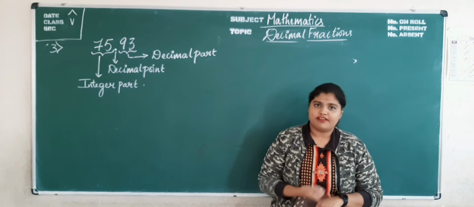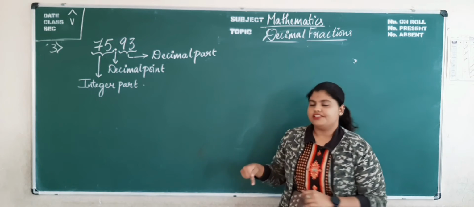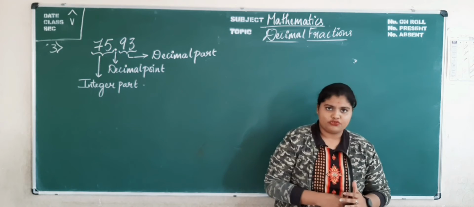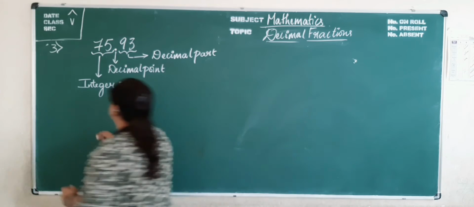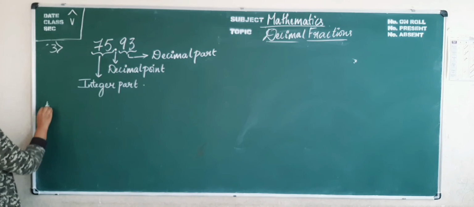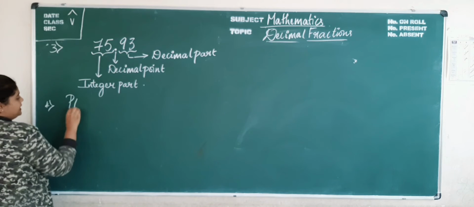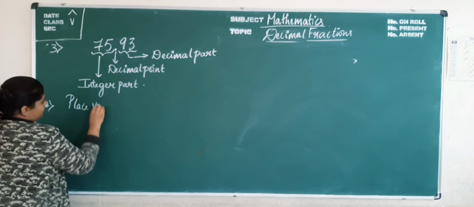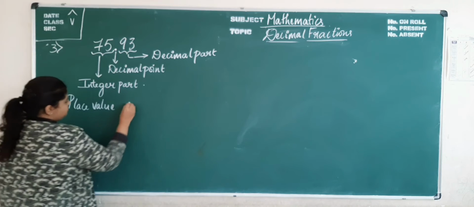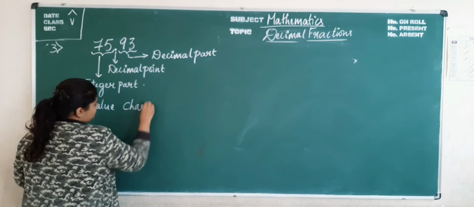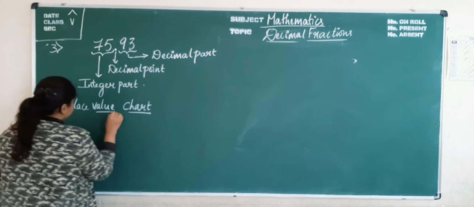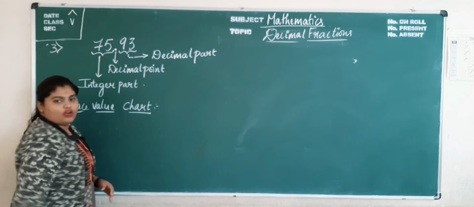You have learned the place value chart. So here also, in decimal numbers, you have a place value chart. So we'll see that. The fourth point, place value chart. Okay.